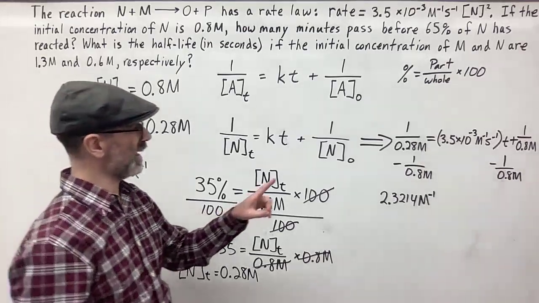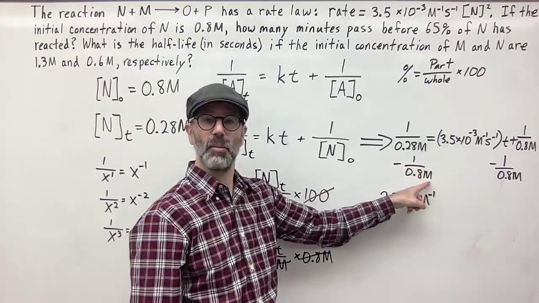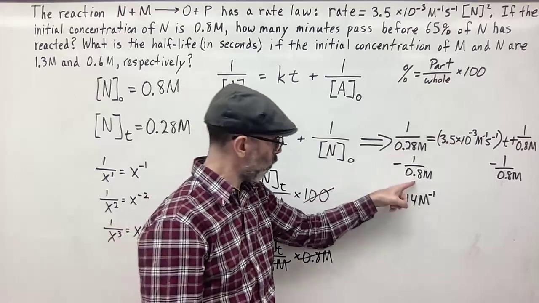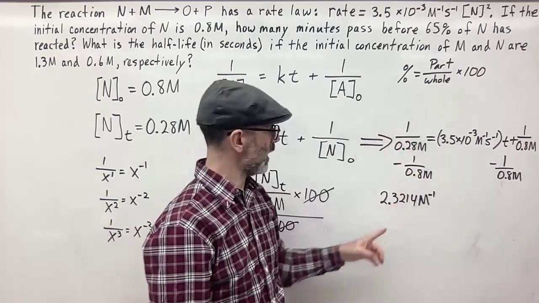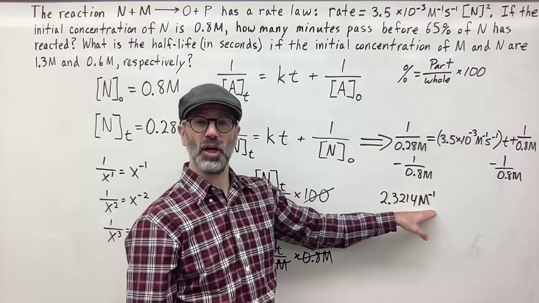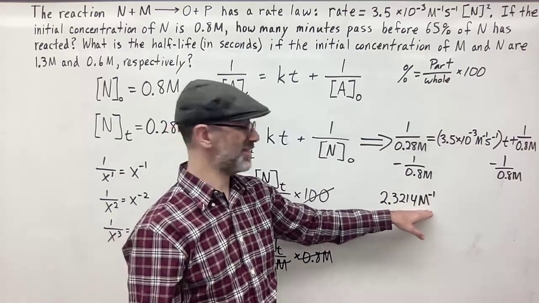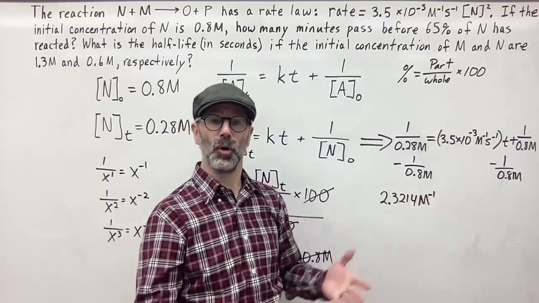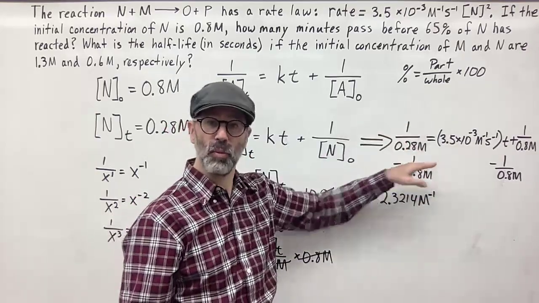So I'm doing the same here. Since the unit here is on the bottom, it's 1 over molarity. Since I'm subtracting, my unit would be 1 over molarity, but 1 over molarity is the same as molarity to the negative 1 power. So we say per molar, right? Because it's on the bottom, 1 per molar.